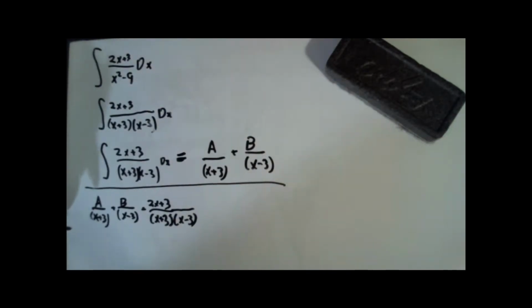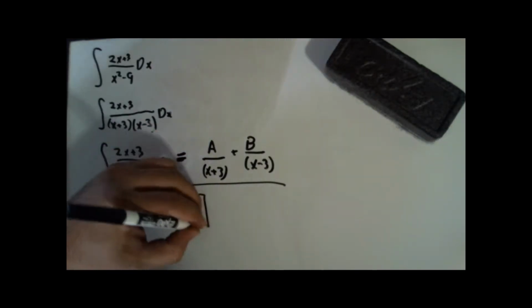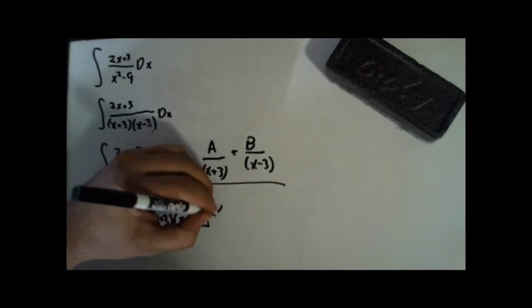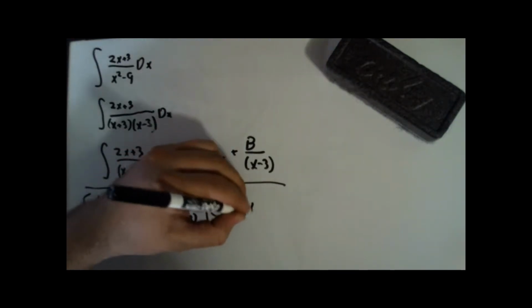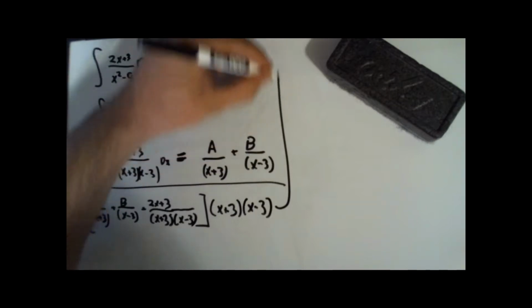And what I want to do now is multiply both sides by this denominator to get rid of these silly fractions. So when I multiply everything by x plus 3, x minus 3, I will come up here.